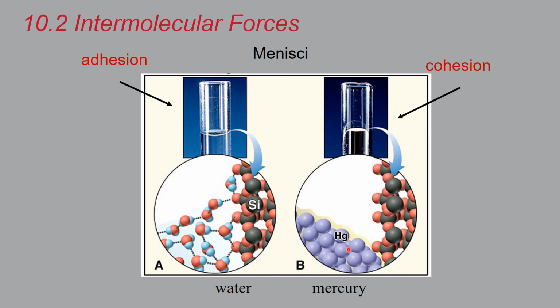The mercury atoms would rather work a little bit to overcome gravity, and rather than fill in this edge right here, go up a little bit higher than they otherwise would to interact with each other. And so this is concave down, and the meniscus here is actually going concave up. So in this case, the mercury would rather cohere to itself than adhere to the polar glass surface.